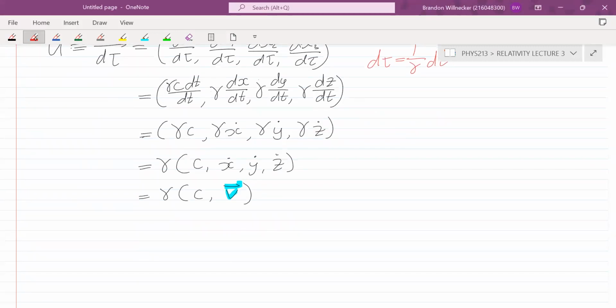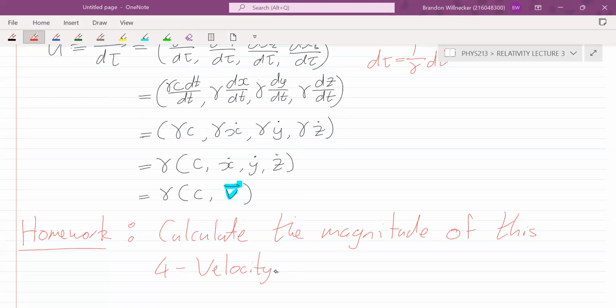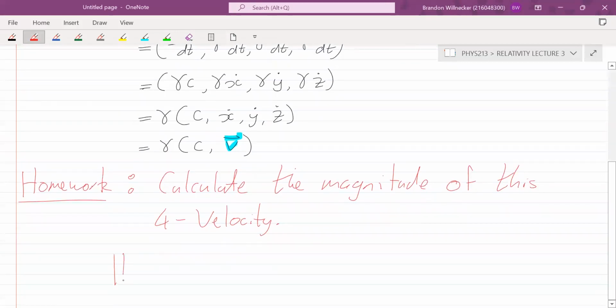Okay, so we've got another homework question now. Calculate the magnitude of this 4-velocity. Okay, so it's a vector. We can calculate the length of the vector. I'll give you a little hint.